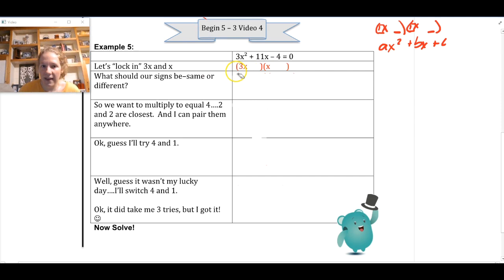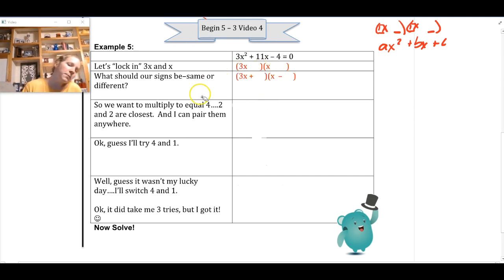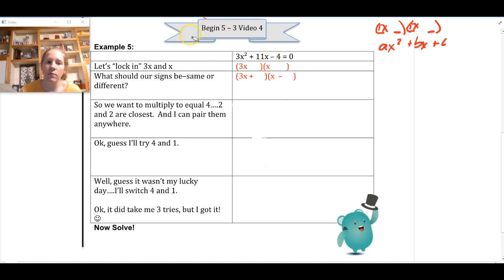That's the only way that could possibly happen. So I'm going to put a positive here and a negative here. I might end up having to switch those. We'll just have to see. But the only way that I could get a negative here is if one of them is positive and one of them is negative.